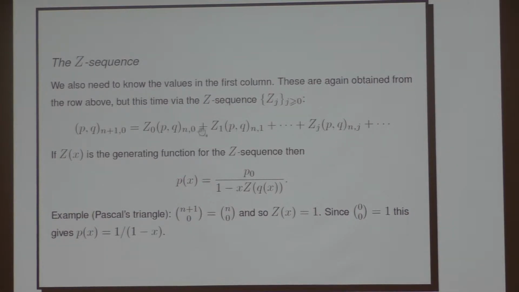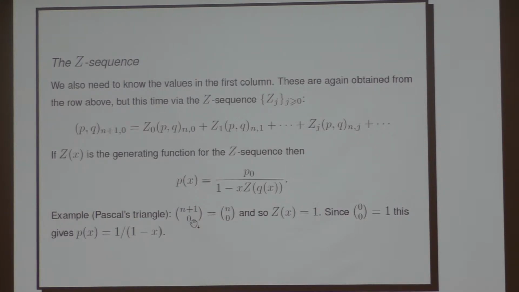Again, Z0, Z1, Z2 are from the generating function Z(x), and it turns out that P is related to Z via this expression here.